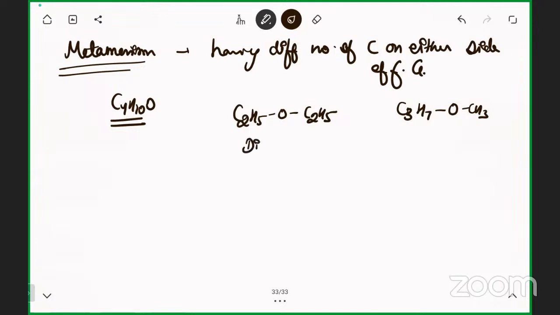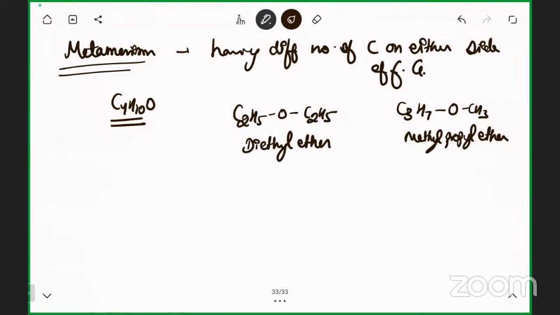One is diethyl ether. Another one is methyl propyl ether, or you can say methoxypropane. So in the first compound you can see the same number of carbons on either side, while in the second you can see they have a different number of carbons on either side.